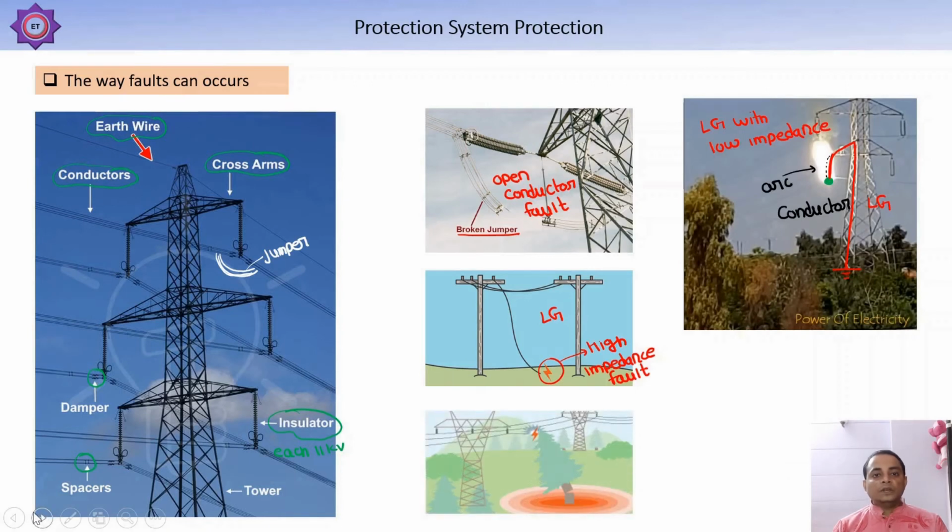Moreover, in some places trees are near the lines. Maybe one of the trees falls on the lines and may cause a line to ground fault, double line to line fault, or three-phase fault.